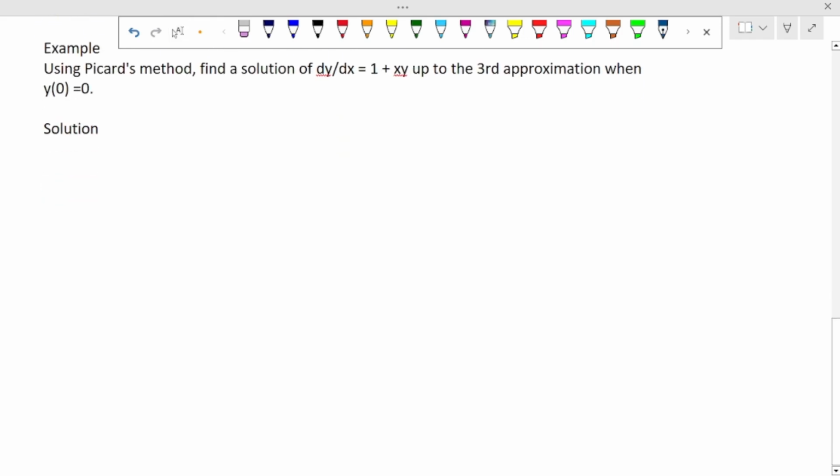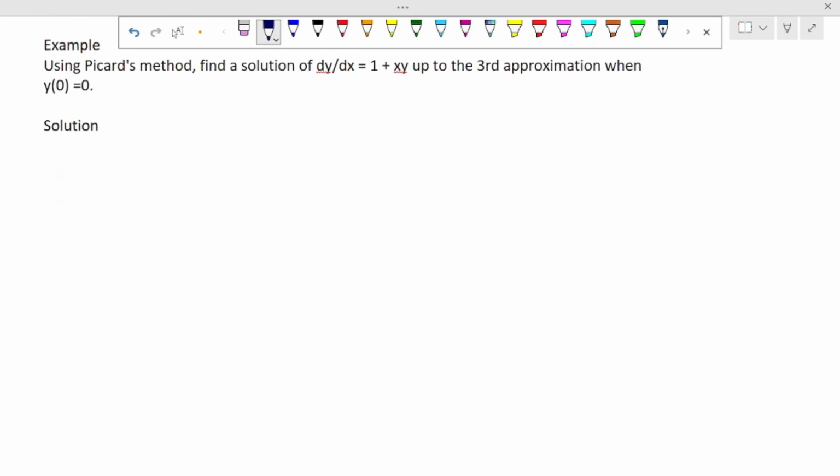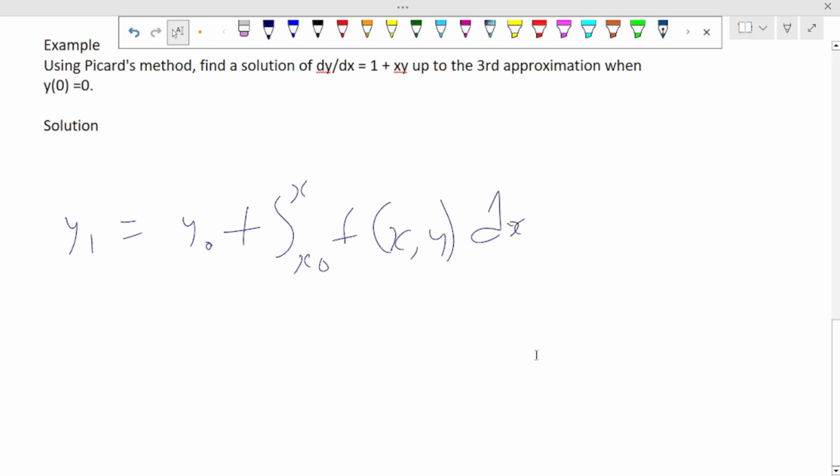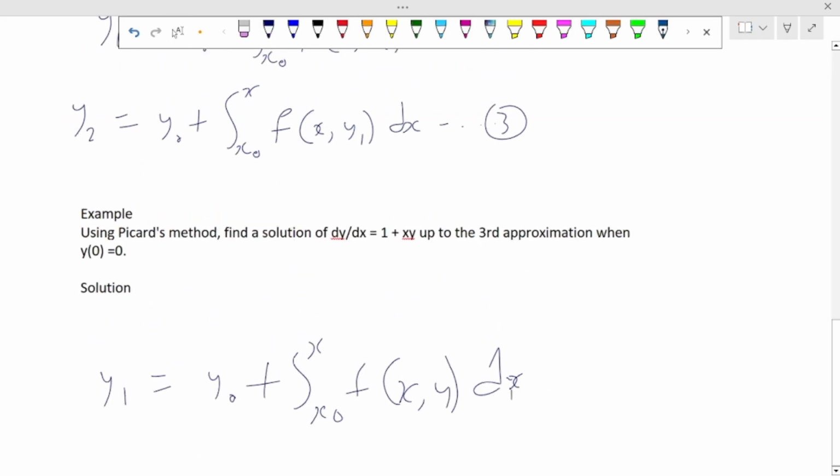So what we'll do now, this is what we have for our first approximation: y0 plus the integral from x0 to x of f of x comma y. So this is a function that contains y and contains x.